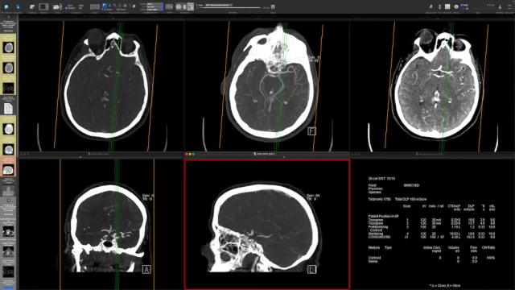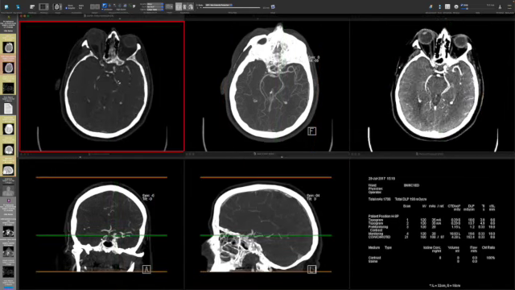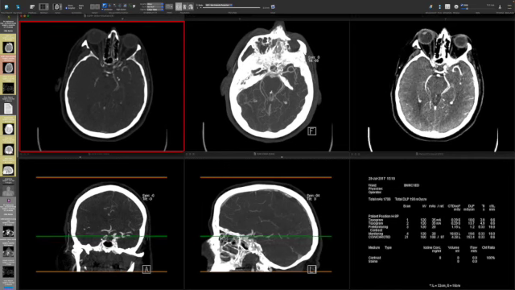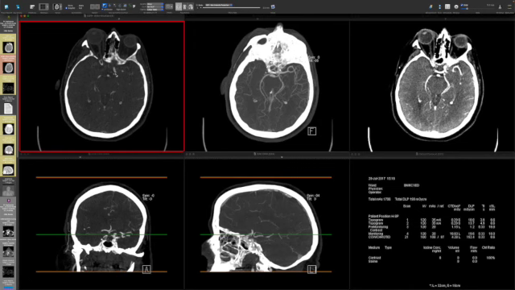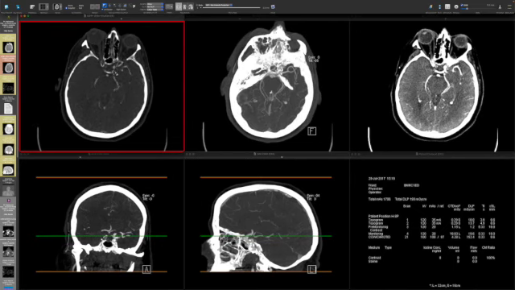Now, one of the things that we want to look at very closely is one of the places where aneurysms like to form, along the underside of the supraclinoid segment of the internal carotid arteries. And you can actually see we've got this little bump that extends off the bottom of that segment here and goes down and stops.